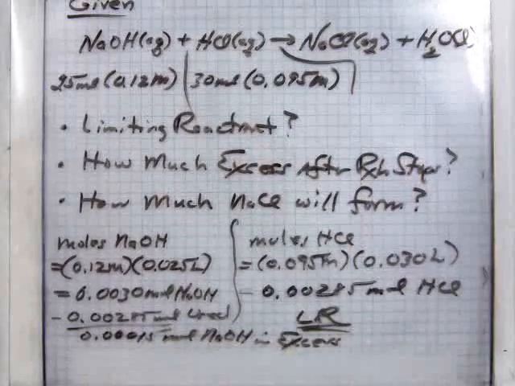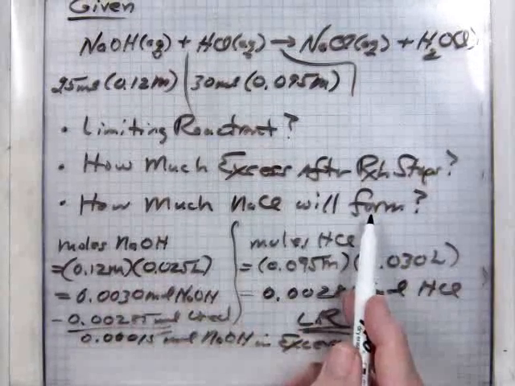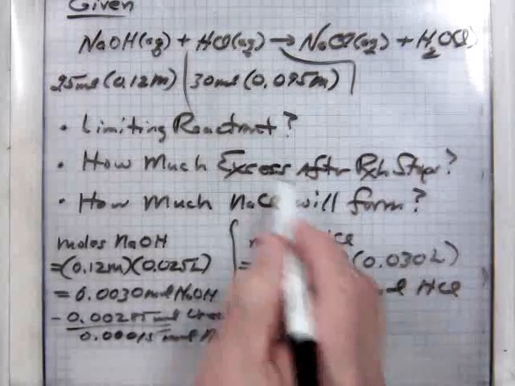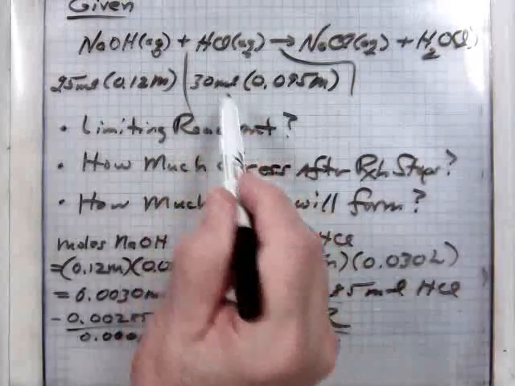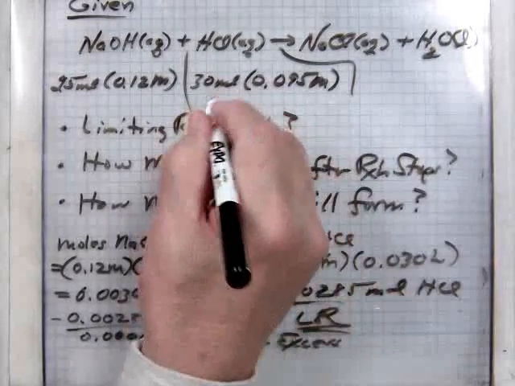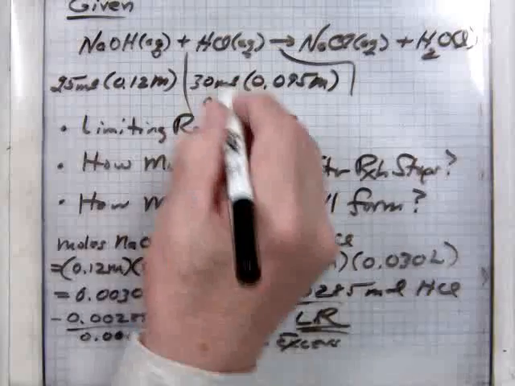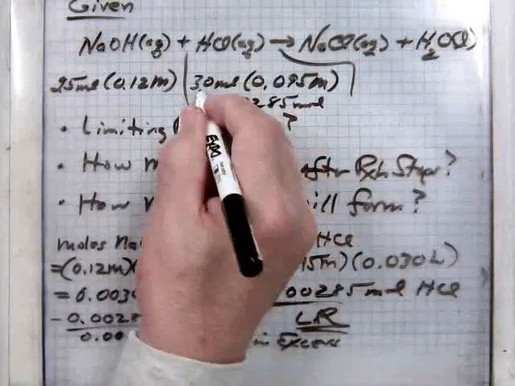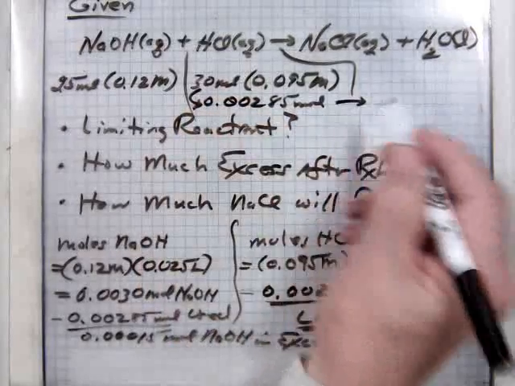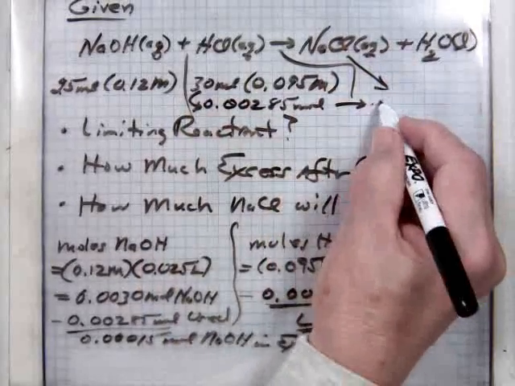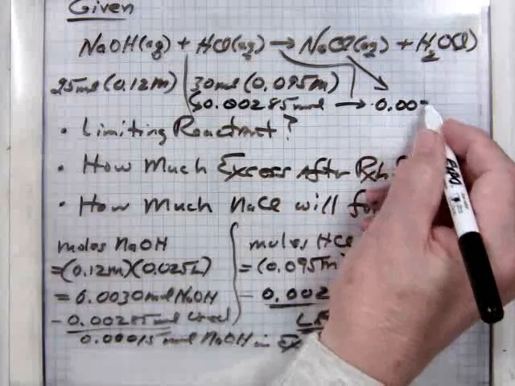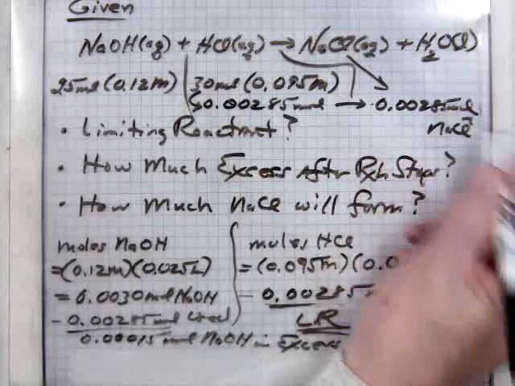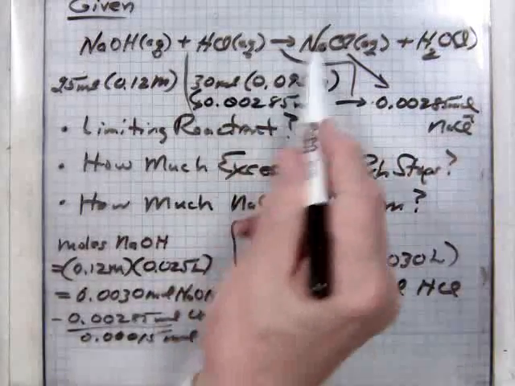Now, the last question in here is how much sodium chloride will be formed. Well, it's based upon the limiting reagent right here. So if I have the moles here as the limiting reagent, then the moles of sodium chloride will also be 0.00285 mole of NaCl, because it's a 1 to 1 also.